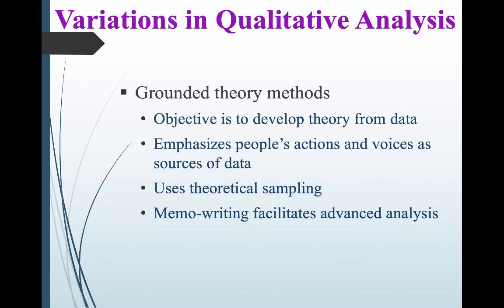So they use theoretical sampling typically to get participants, and memo writing also facilitates advanced analysis, meaning that it's not just the coding itself, it's also the writing of how the research was experienced and how maybe interpreted as it was going on and after the fact that really informs how you then develop the theory for what you're looking at.